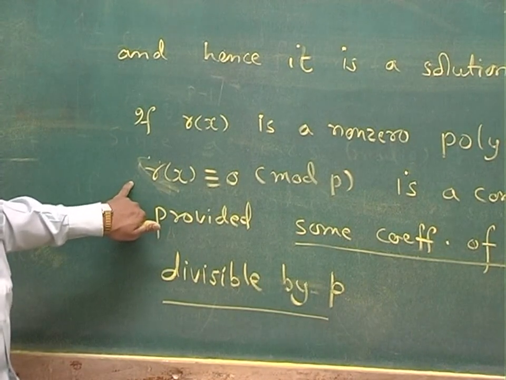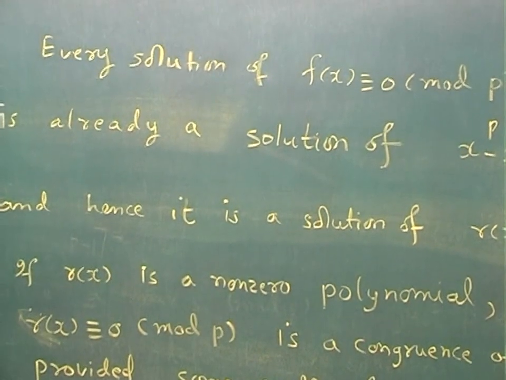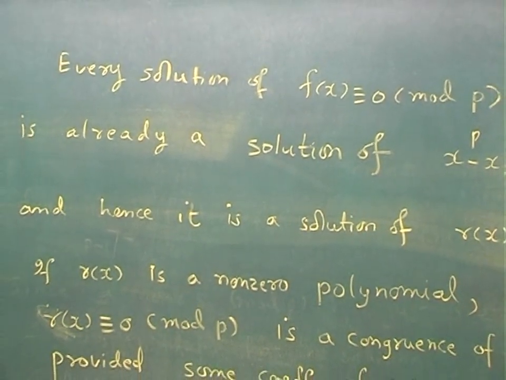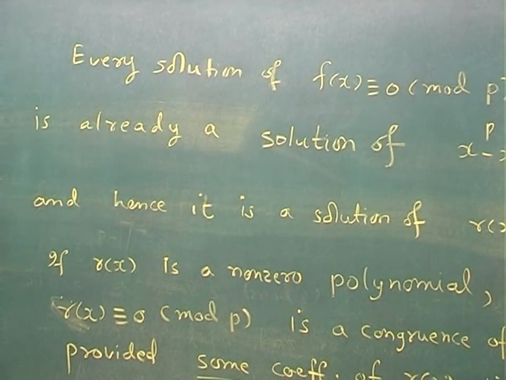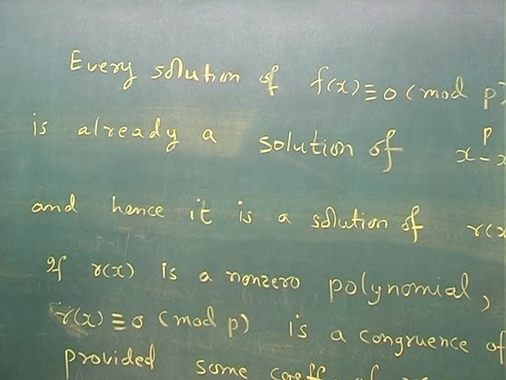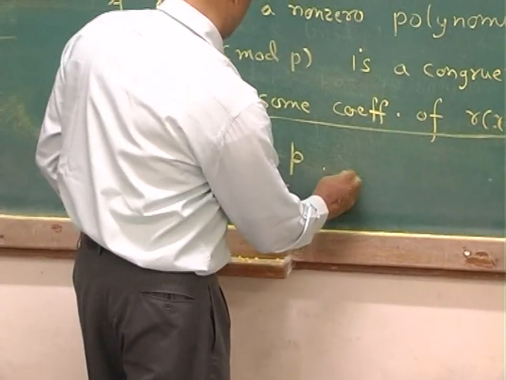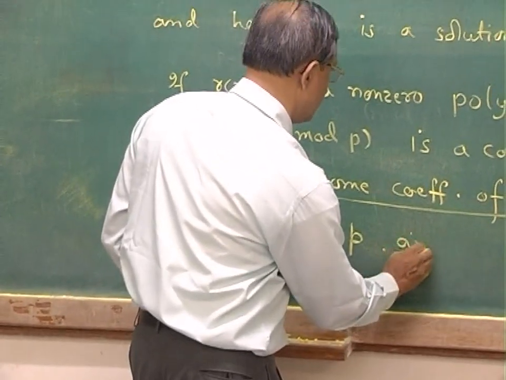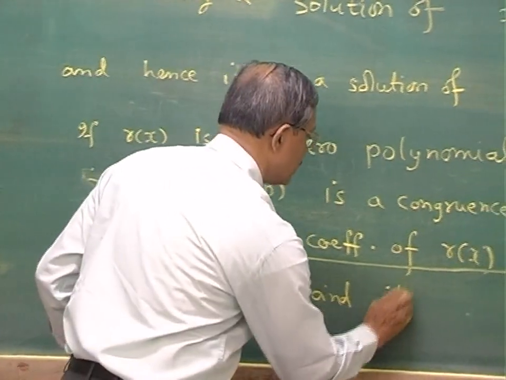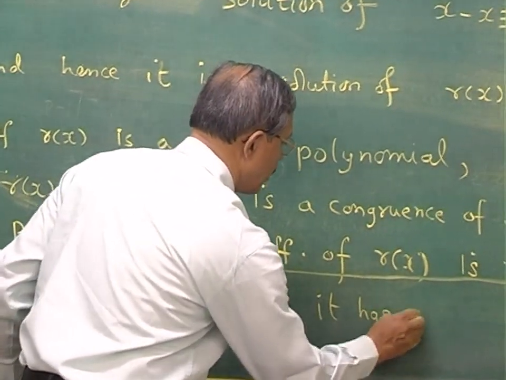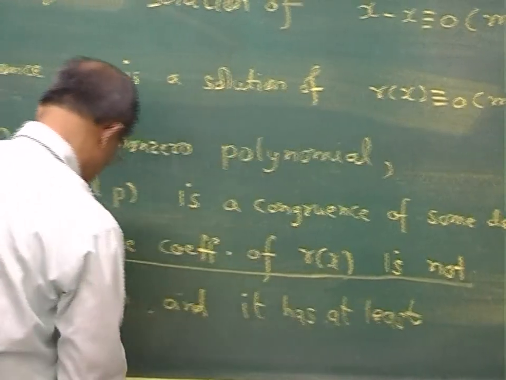But f(x) congruent to 0 mod P has n solutions, and every solution of f(x) congruent to 0 mod P is a solution of r(x) congruent to 0 mod P. Therefore, this congruence has at least n solutions.